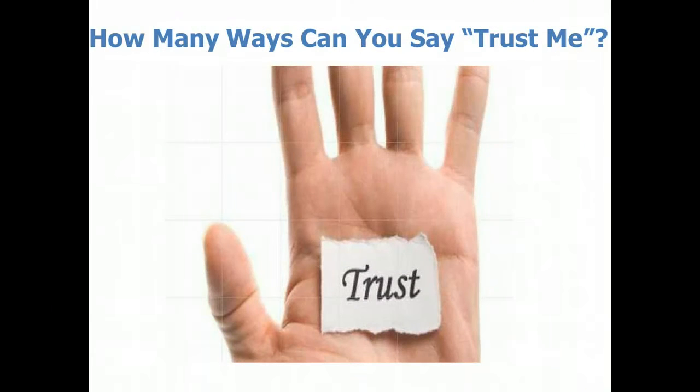That's a challenge. How can you just stand there and say, trust me, or trust us? We won't make any mistakes, or we'll do a good job for you. It doesn't create trust when you tell people to trust you. You have to show them.